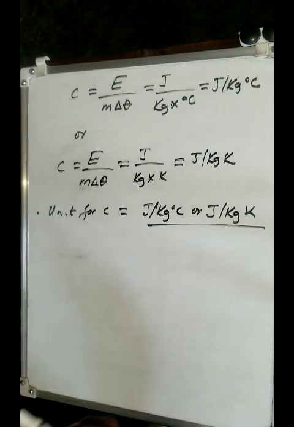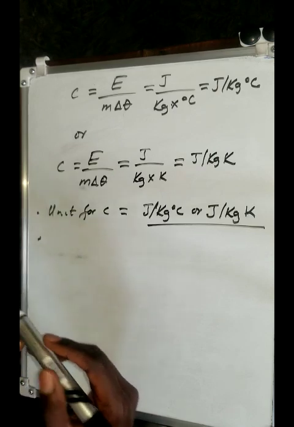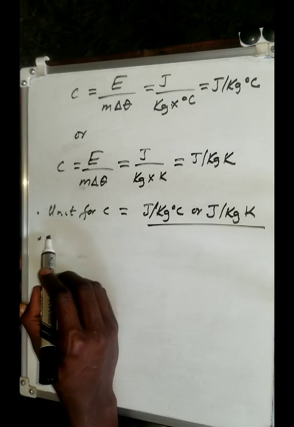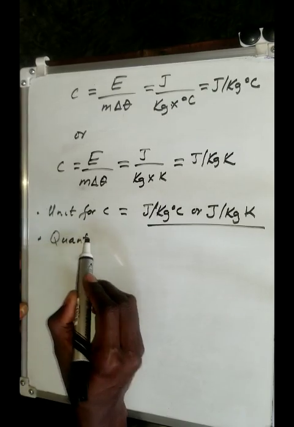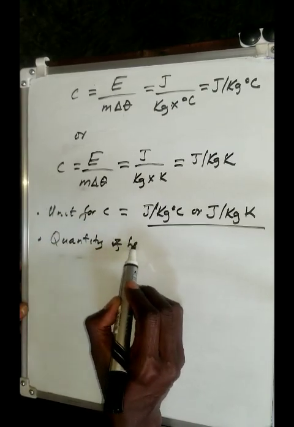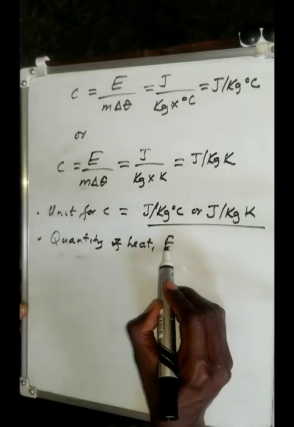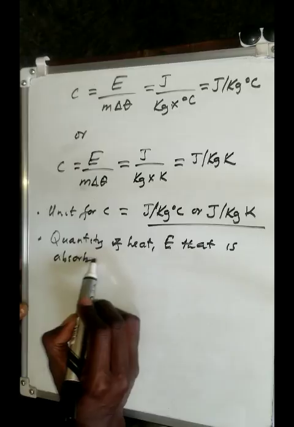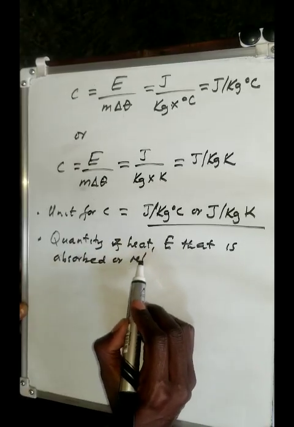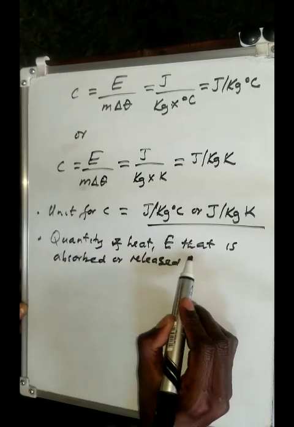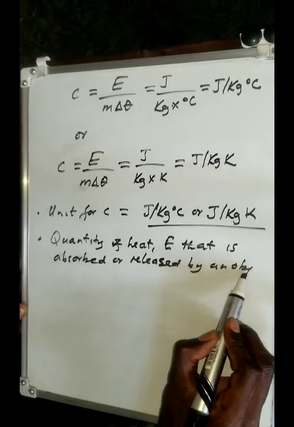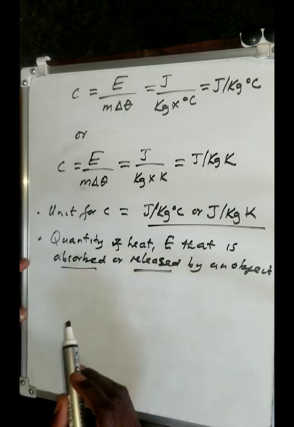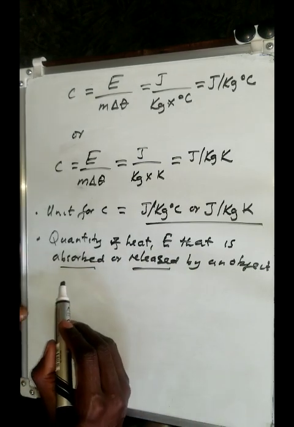Now suppose I want to know the quantity of heat that is absorbed or released by an object. What formula can I use? Well, if you want to determine the quantity of heat energy E that is absorbed, because remember, energy can be absorbed or released by an object, it can be determined by the formula.